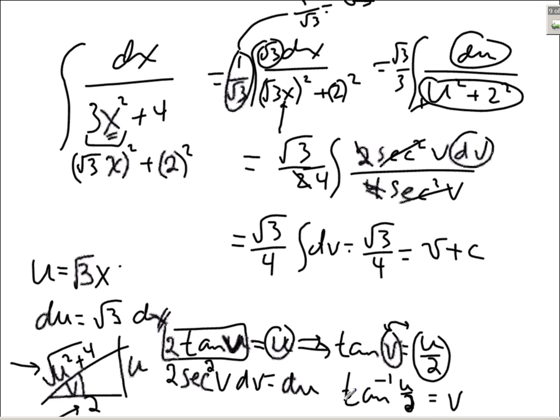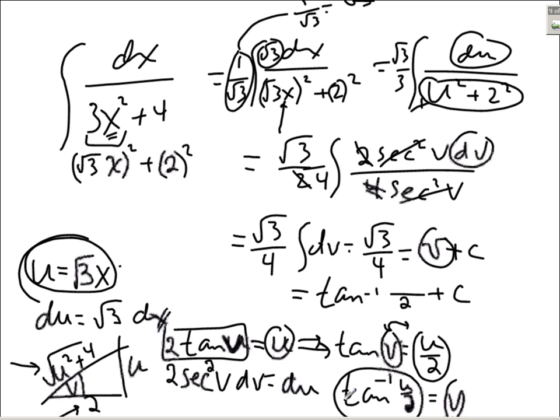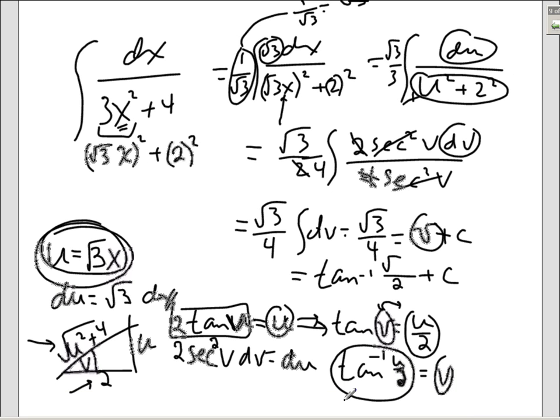So then v is the arctangent of u over 2. And then I look to see what u is. u is the square root of 3 times x. So that's just what I put in. There is my answer.